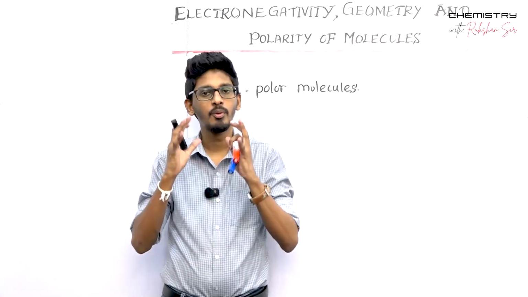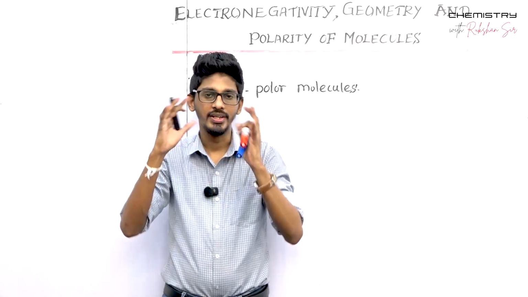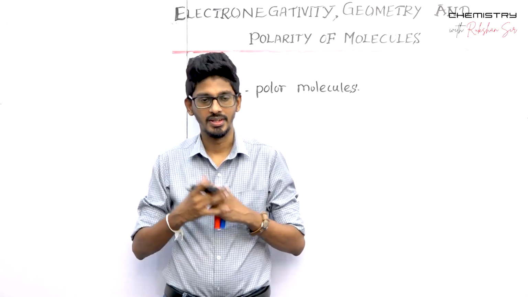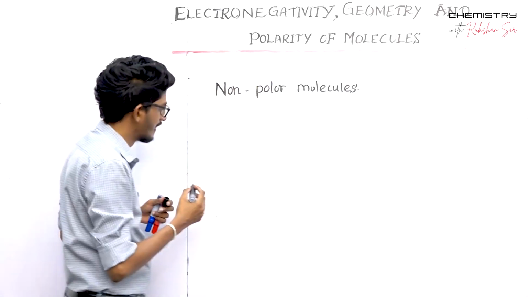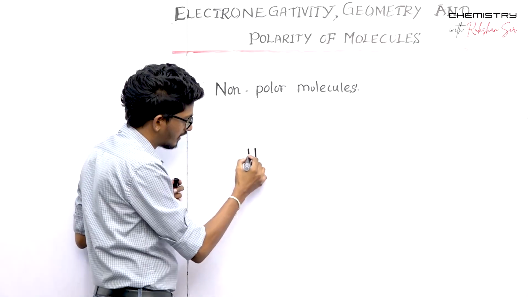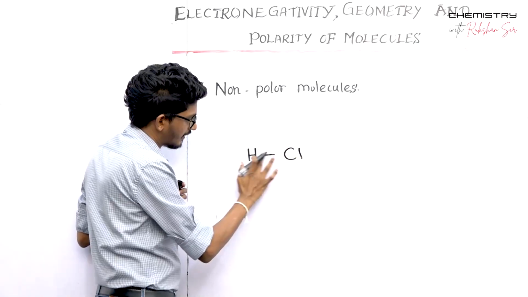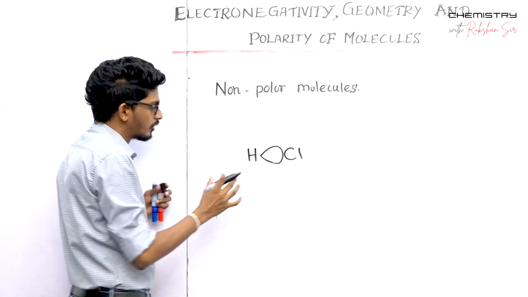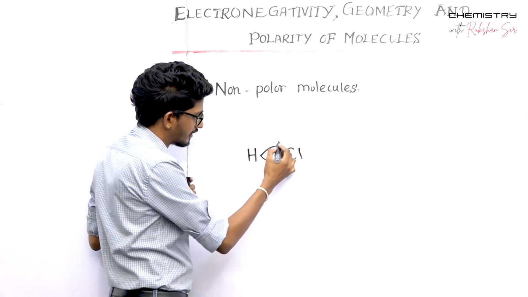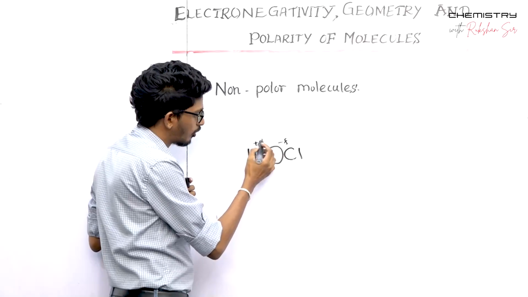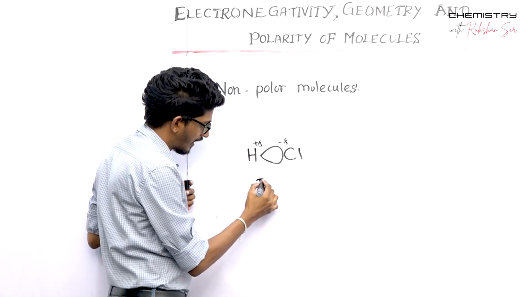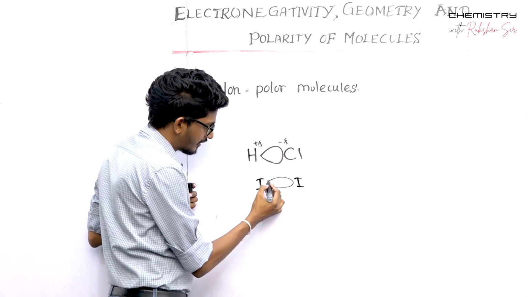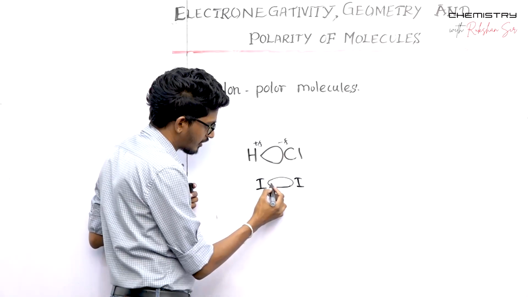Non-polar means your electron density is symmetrically distributed. When it comes to HCl, the electron density is asymmetrically distributed. That is why polarity appears. When it comes to I2, the electron distribution is symmetric, so no poles appear.